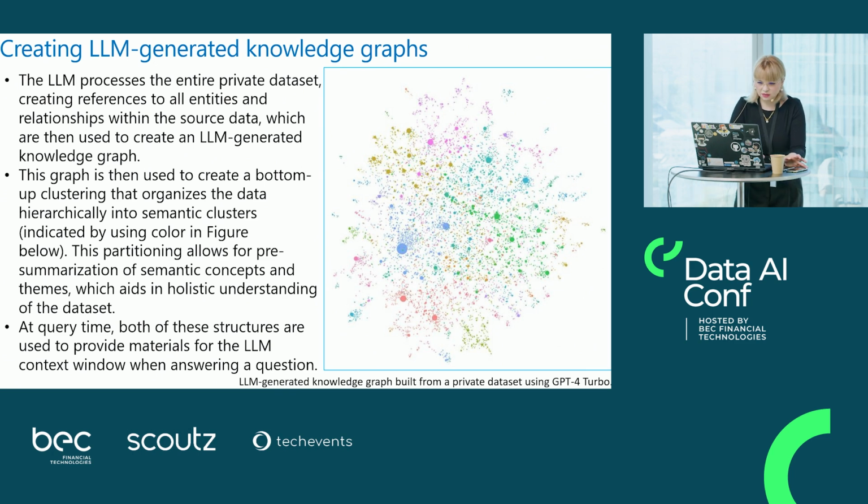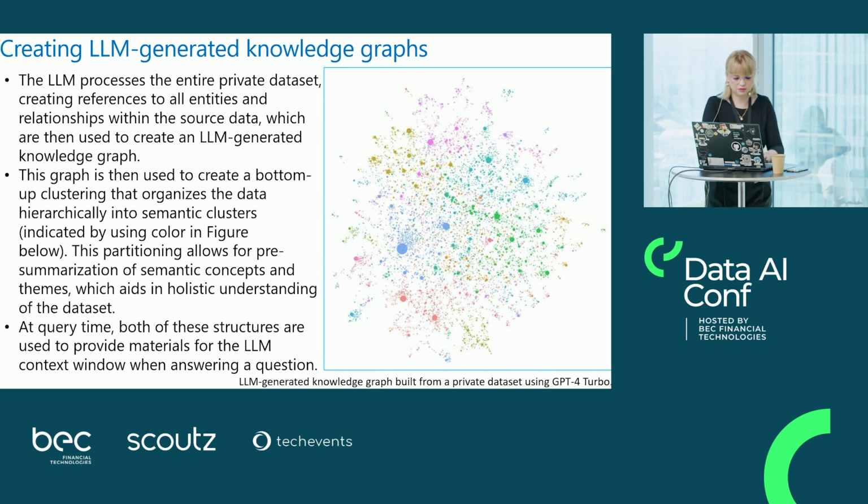So basically, in the first phase, the LLM processes the entire private data set and creates references to all entities and relationships within the source data. And then this is used to create an LLM-generated knowledge graph. And if you're working with graphs, this is basically a way of illustrating that in 3D space, right?